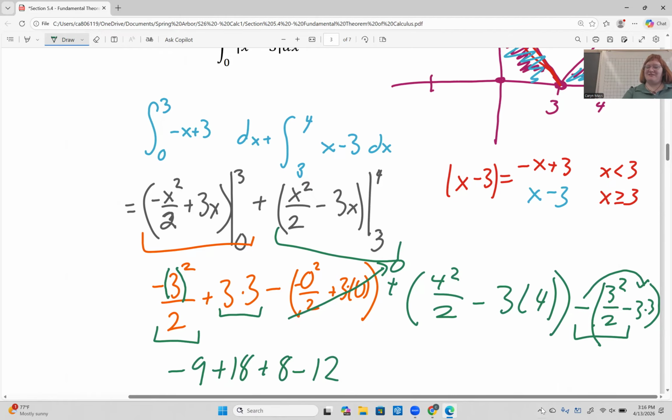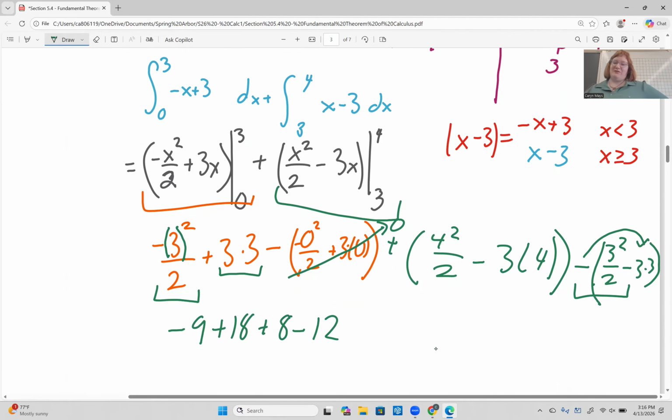And negative 9 plus 18 plus 8 minus 12. It is the positive. So we have 18 plus 8 gives us 26. Minus 12 drops us back down to 14. Minus 9 drops us down to 5.